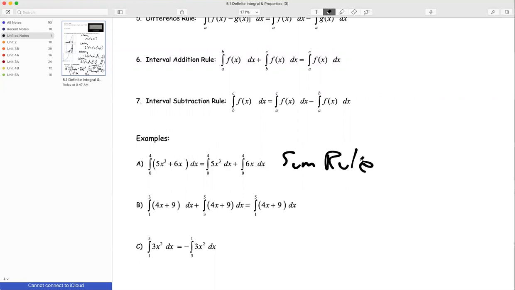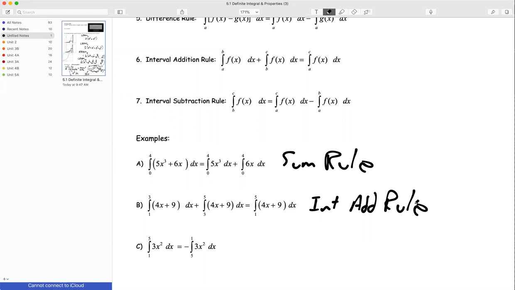Next, the integral from 1 to 3 of 4x plus 9 dx plus the integral from 3 to 5 of the same function is equal to the integral from 1 to 5. So this is the interval addition rule. And then lastly, the integral from 1 to 5 of 3x squared dx is equal to the negative integral from 5 to 1 of 3x squared dx.